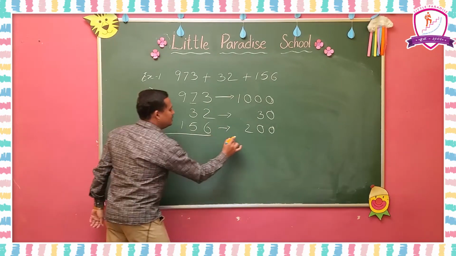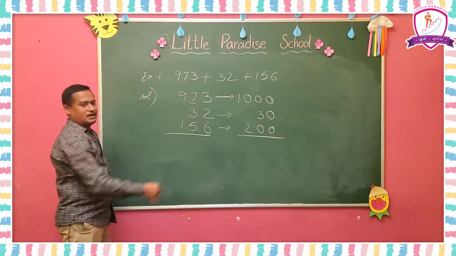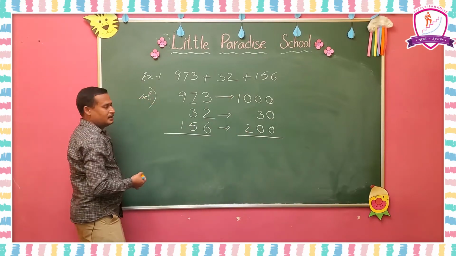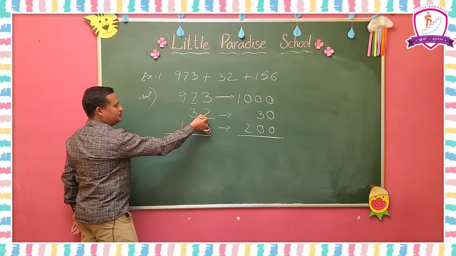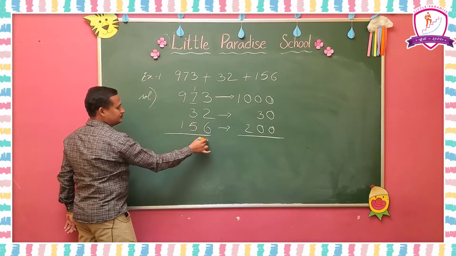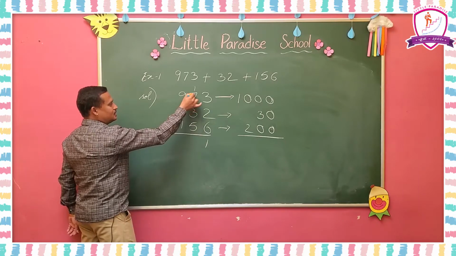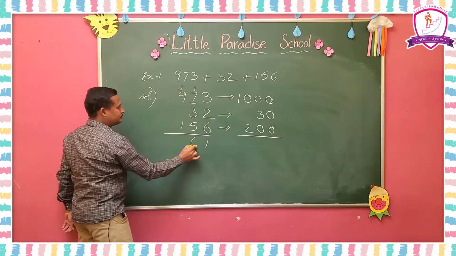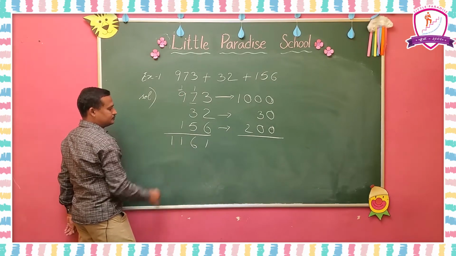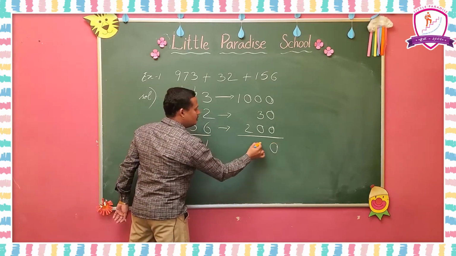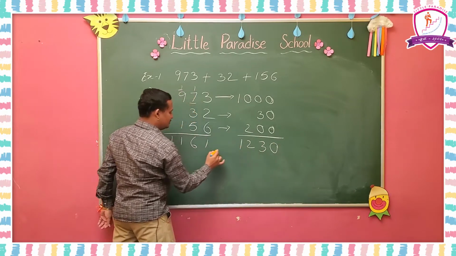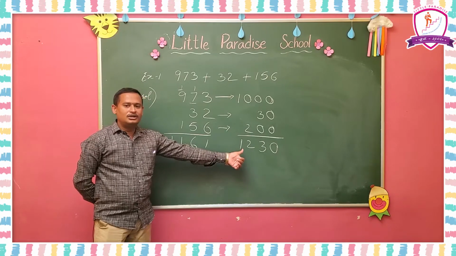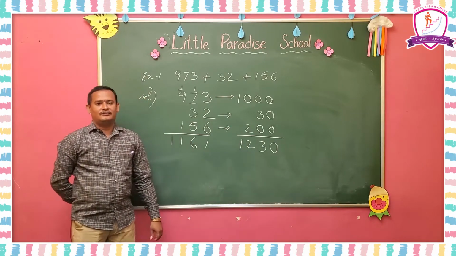So you have to add these numbers and these numbers. This is the actual addition, and this is the rounded off addition. 3 plus 2 is 5, 5 plus 6 is 11, 7 plus 1 is 8, 8 plus 3 is 11, 11 plus 5 is 16, and here 10 is 11. What will we get? 1161 is nearer to 1230.